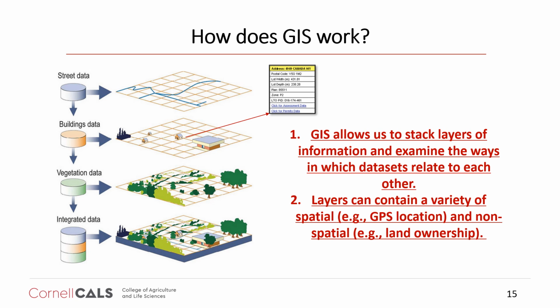GIS works by uploading multiple data files, displaying them, visualizing, and stacking them on top of each other, so that users can examine the ways in which datasets relate to each other. Layers can contain a variety of spatial and non-spatial attributes such as geographic locations and land ownership.